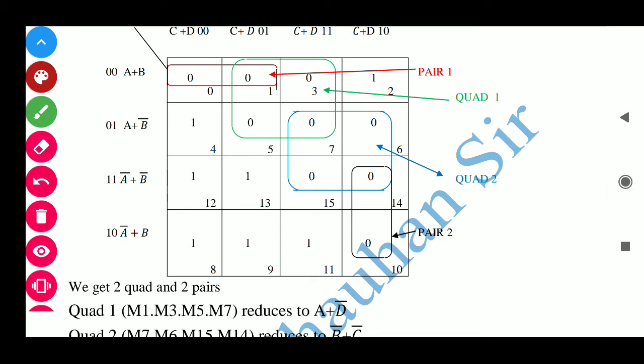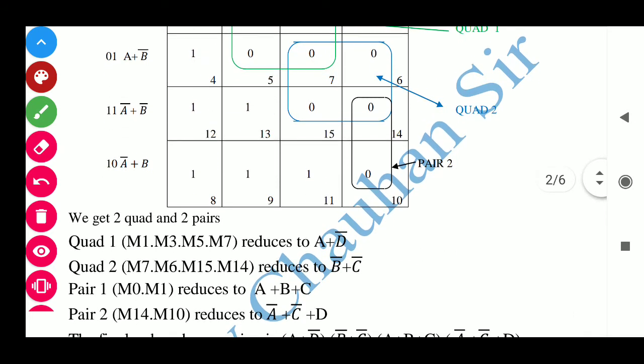I have shown you with colors, green color and blue color. These are quad 1 and quad 2, and pair 1 in red color and pair 2 in black color. Understood? So we get 2 quads and 2 pairs.